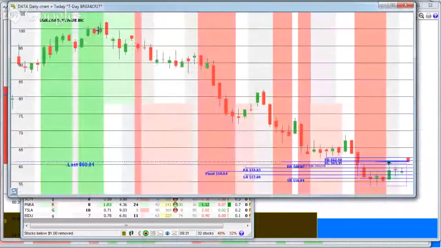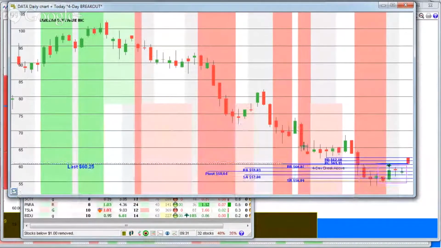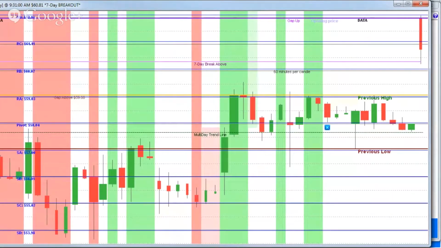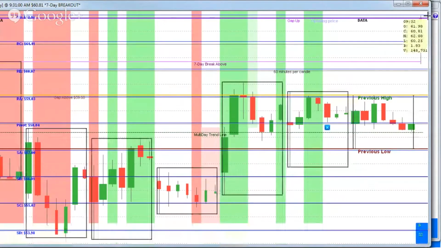It gapped up off of a bottom. So this is what's called a rounding bottom. It seems to have found its feet, but you see here in the first minute, it gapped up and it's already filling to the downside. I don't know how visible that is, but if we go look at the 60, you can see that's the opening price up there, and that's where it closed yesterday.